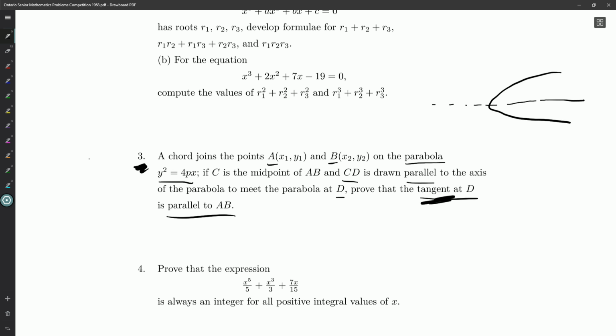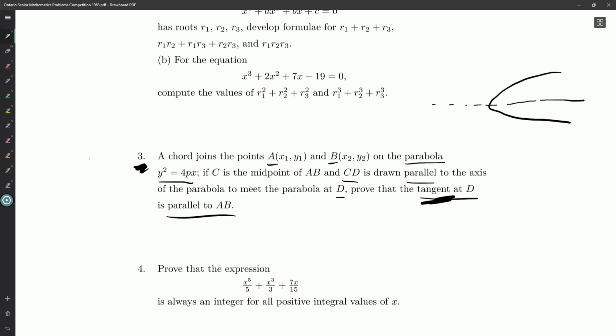So how do I make a tangent? Now, I could probably do a little bit of calc, because the slope of the tangent is going to be dy by dx. So that would be fine.